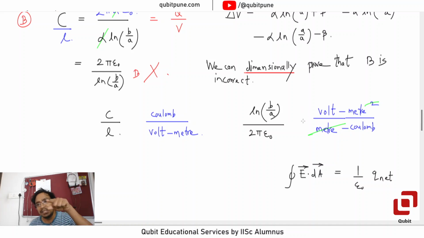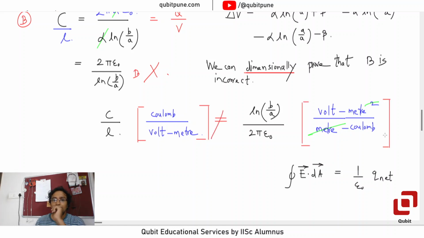That means RHS's unit is volt meter per coulomb, but actual capacitance per unit length unit is coulomb per voltmeter. So because they are dimensionally not equal, option B is not right. Okay, got it? Yes, sir.